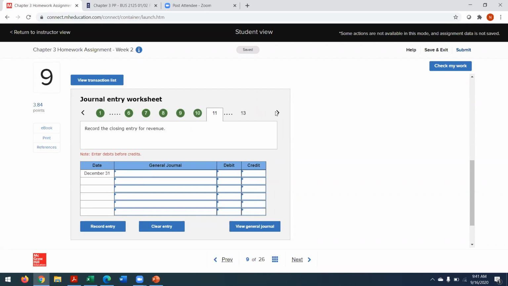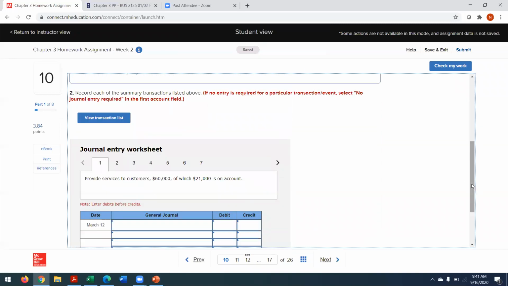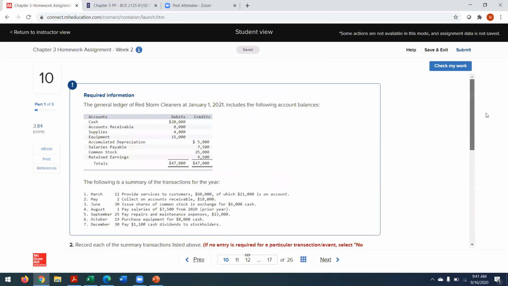I thought I had everything done because these are the closing entries, which I don't want to do yet. Do you not need to do number 11, 12, and 13 yet? Not yet. So what I'm trying to do now is create my, did I just lose everything I just did?